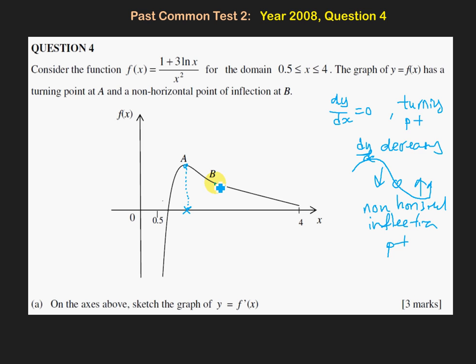And at the inflection point, now obviously this is a concave followed by a convex. So before b, the value of the f prime is actually decreasing. So it gets more and more negative, for example. And after the point b, it gets more and more positive, or at least becomes less negative.